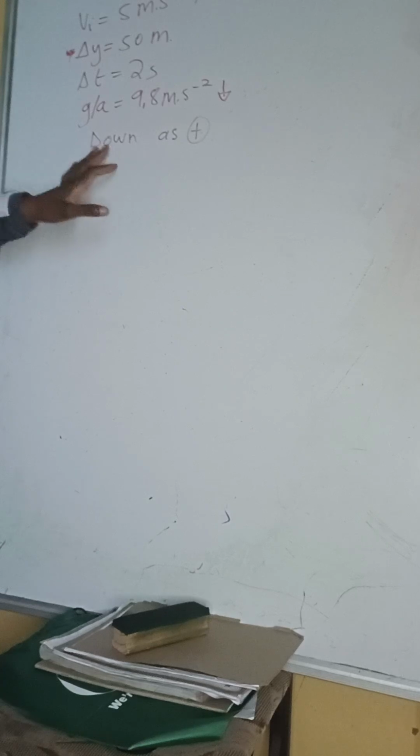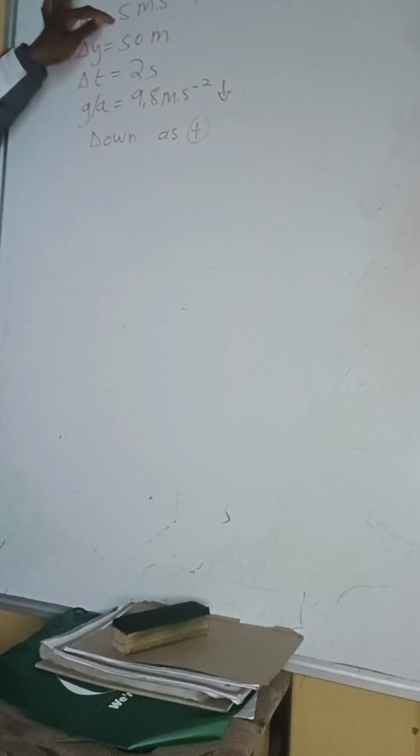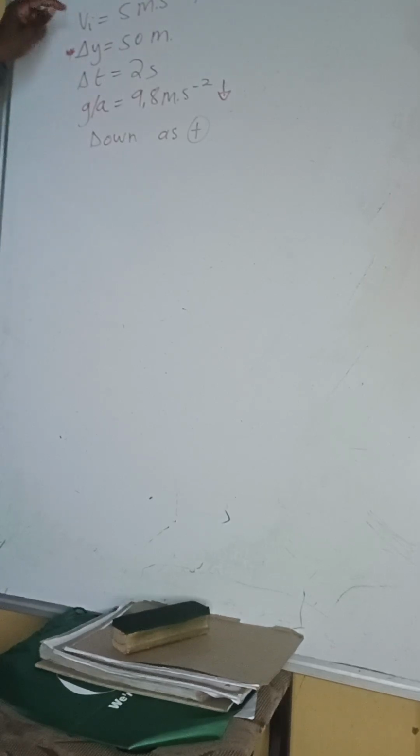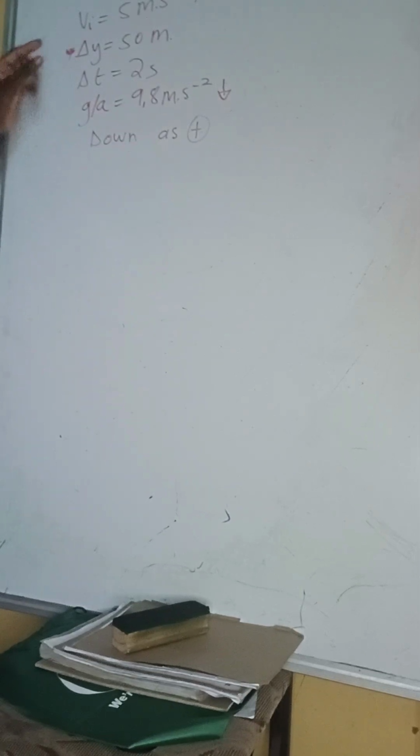But now I have chosen down as positive, which means my 9.8 is going to be positive and my vi is going to be negative. Always remember that, because this one is an initial velocity when the hot air balloon goes up. So if the direction I choose is against the motion of the initial velocity, it means now I'm going to have to put a negative sign here, which only shows the direction.